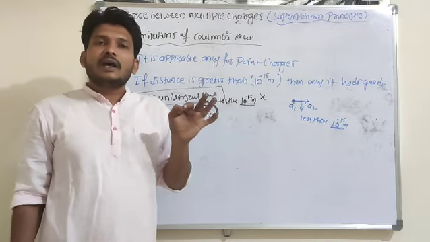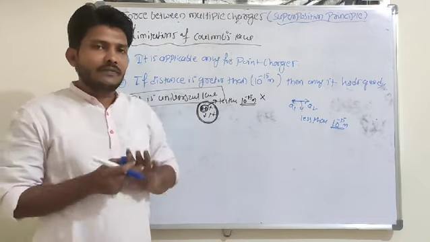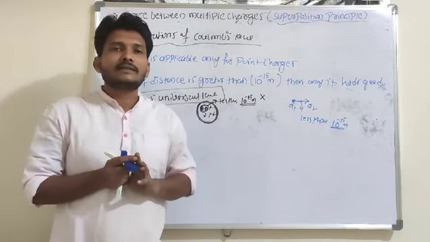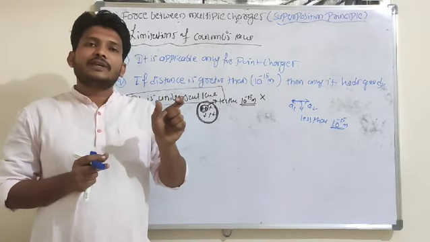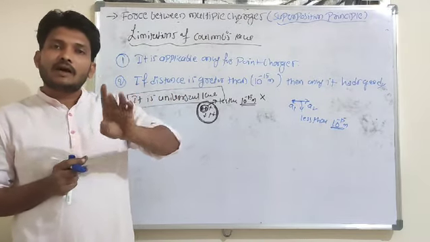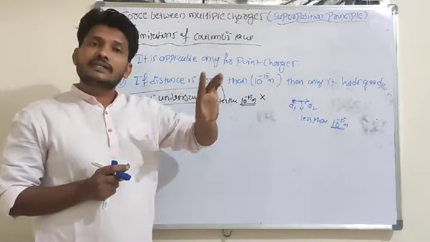But Newton's law of gravitation we call a universal law of gravitation. Hope you remember that in gravitation you learned Newton's law of gravitation as a universal law of gravitation. But Coulomb's law is not called a universal law.